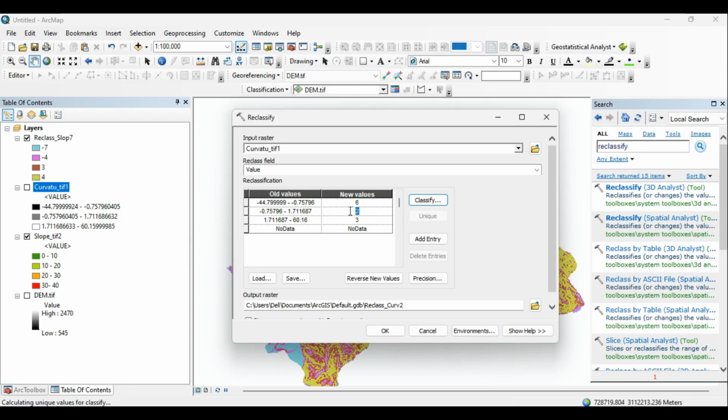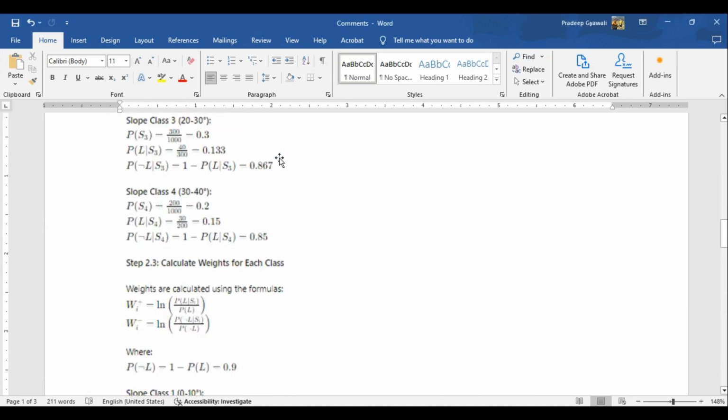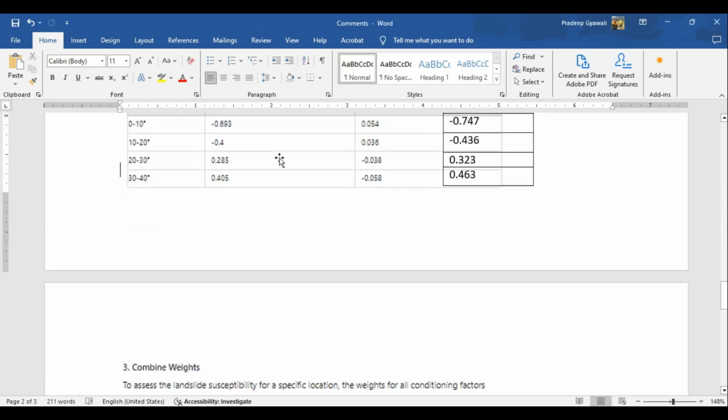In a flat surface there is no probability of landslide, so I have to use only 1 here, or minus 1 or 0, you can say any value. And here you can use plus 7, it is more probability for landslide. This is my arbitrary value. You can calculate in a similar way to this document I have uploaded in the description section.